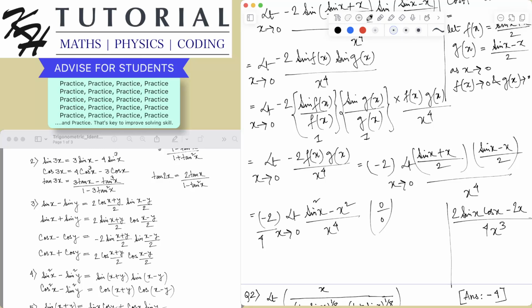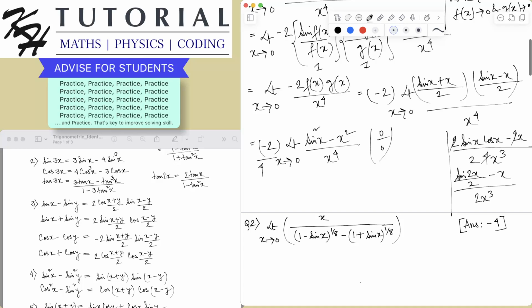Let's cancel out 2, so this is sin 2x by 2 minus x divided by twice x cube.